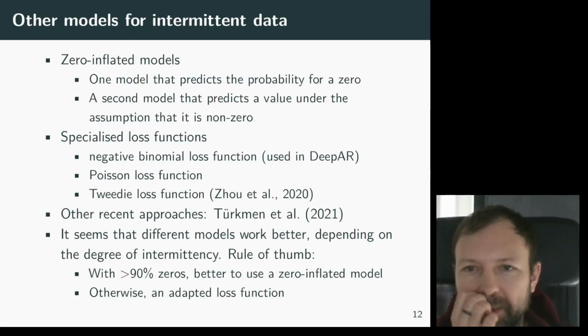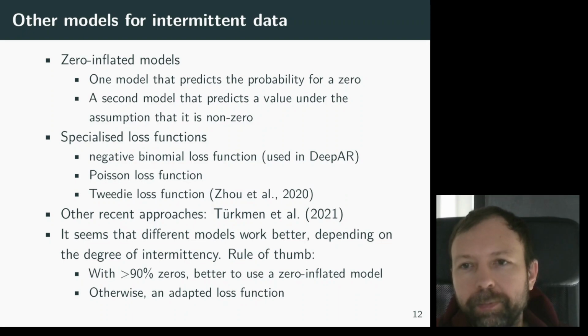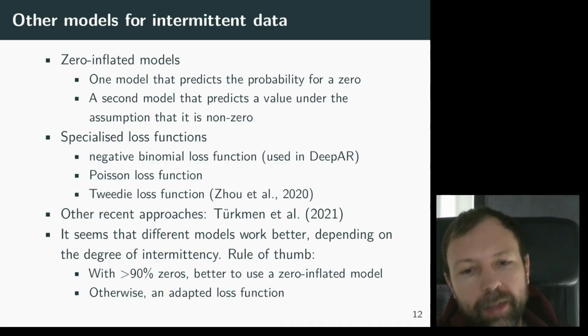And maybe also one quick word about evaluation for intermittent data. So if you use MAE, mean absolute error, it elicits the median of the forecast distribution. If you have over 50% zeros in your data, the median will be 0.